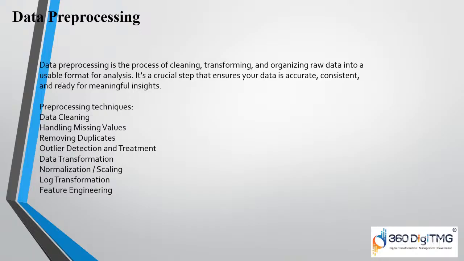These are the important steps under data pre-processing: data cleaning, removing duplicates, handling missing values, treating outliers, normalization and scaling, and feature engineering for a few insights. These steps ensure our data is reliable and analysis ready.